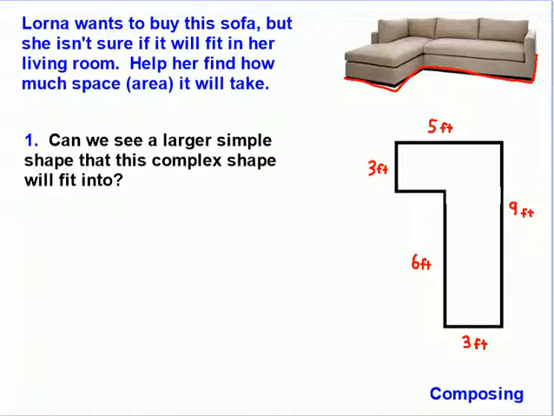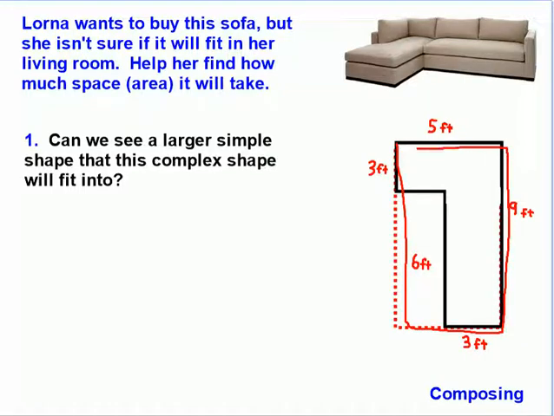Now, can we see a larger, simple shape that this complex shape will fit into? In other words, can we find a shape that will encompass this one, and place this one into a simpler shape? Well, hopefully you can see that this will fit into a rectangle. Here we have a rectangle that goes all the way around like this. Now the benefit of that is I know how to find the area of a rectangle.